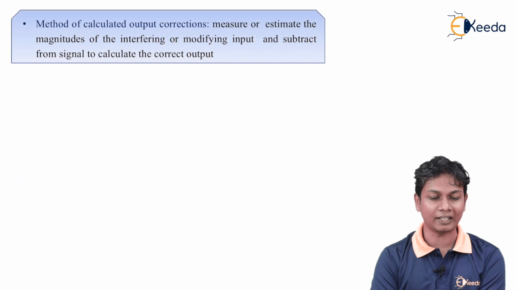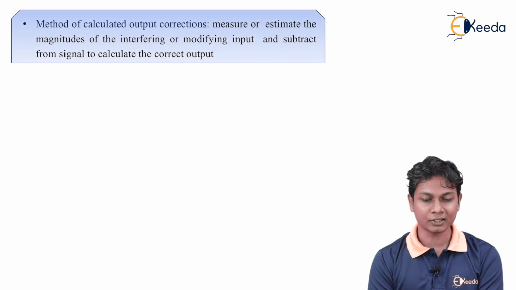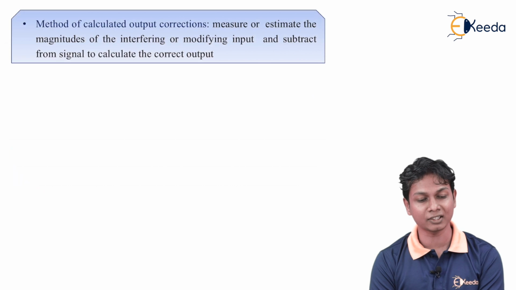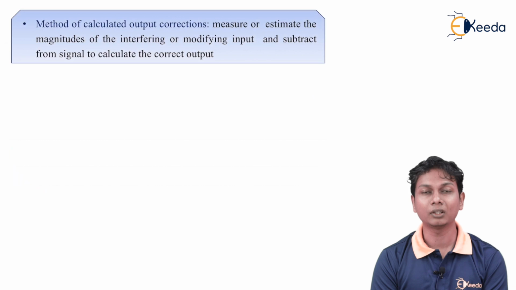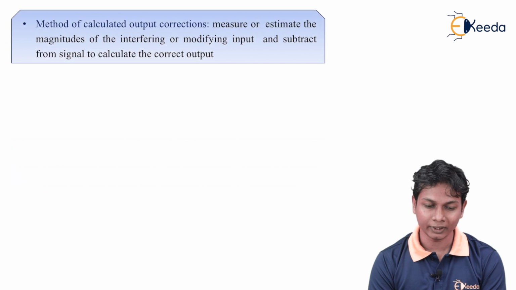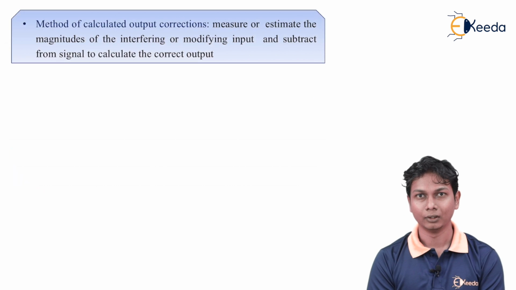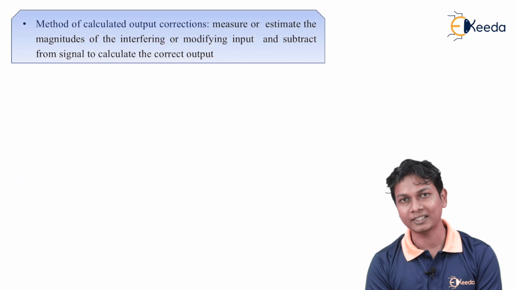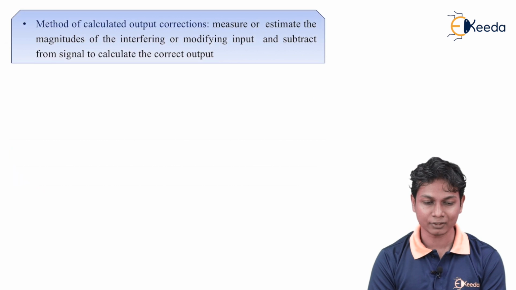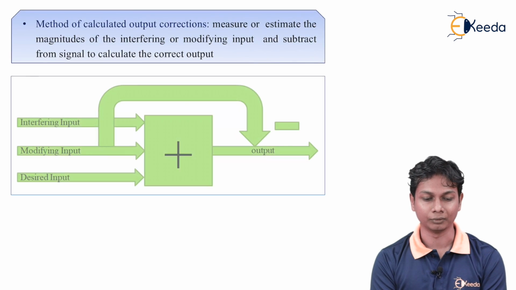Now the method of calculated output correction. Measure or estimate the magnitude of the interfering or modifying input and subtract it from the signal to calculate the correct output. So whatever the signal is coming, whatever the interfering or modifying input is coming, that has to be subtracted, and that calculates the output correction.